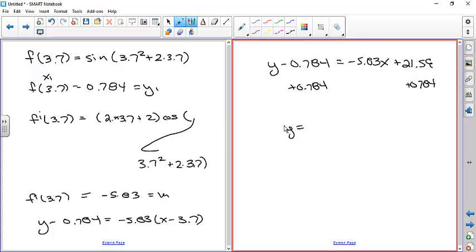And we get y is equal to negative 5.83x plus 22.37. So that should be the equation for the tangent line to the original curve at x equals 3.7. So we'll see if I did it right or not. We'll find out if I made a mistake.